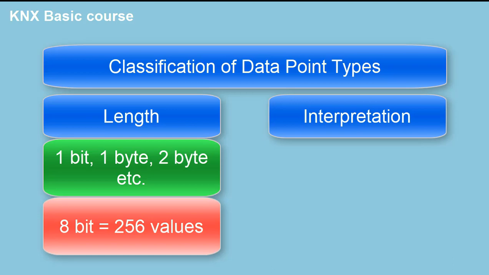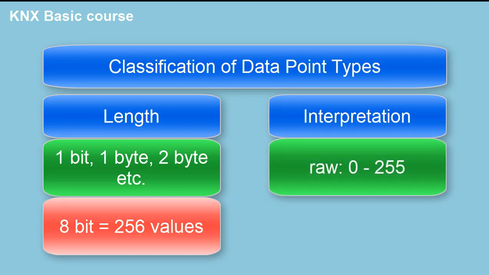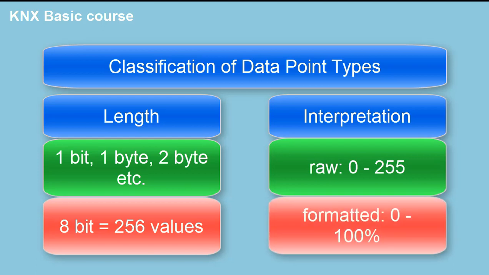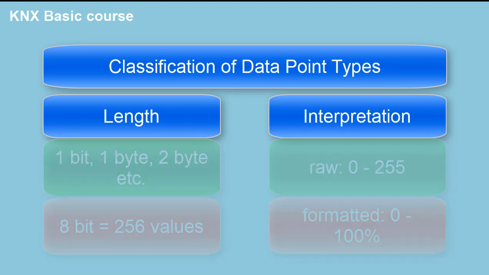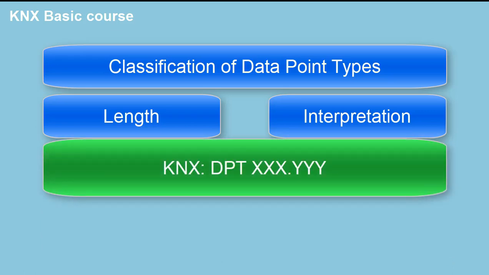The 8-bit values can be standardized to a range of 0 to 100%. The formula is: each original value between 0 and 255 must be divided by 2.55 to get the required value range. The KNX Association has invented a classification system like follows.